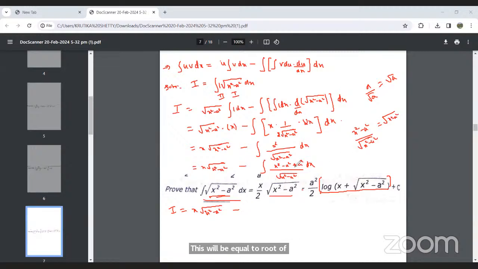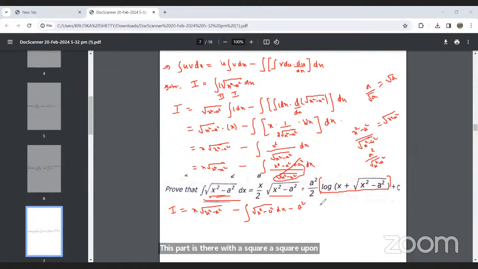And there is the plus a square term, so a square upon root of x square minus a square will be the second term. When we split the denominator, we get one part in the form of integration of root of x square minus a square dx, minus a square, which will remain as it is, with the part a square upon root.